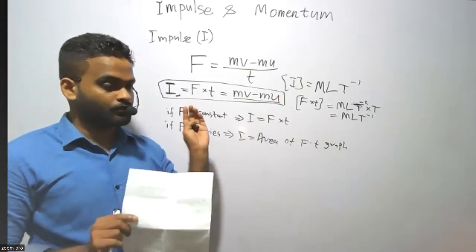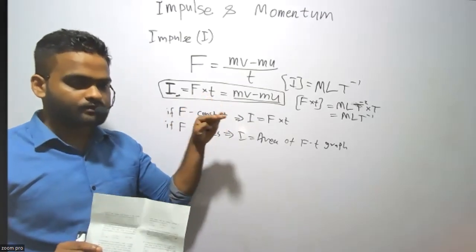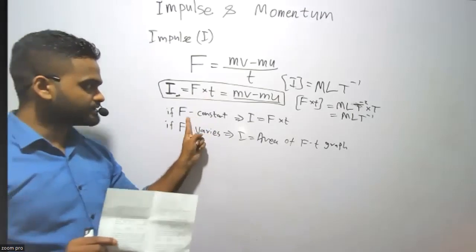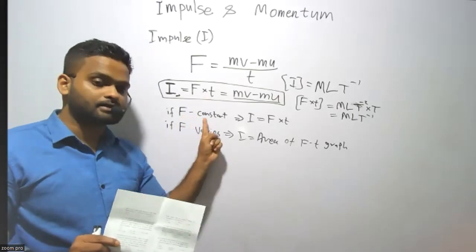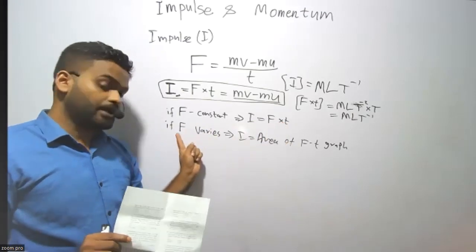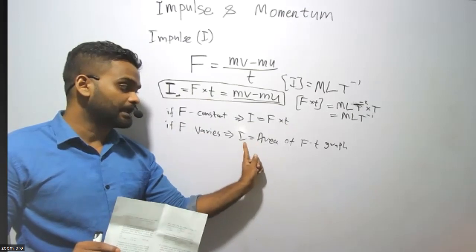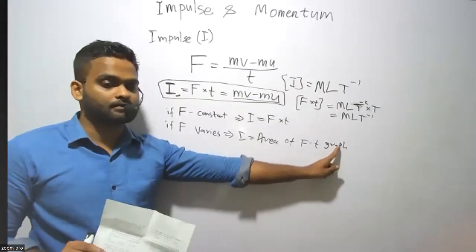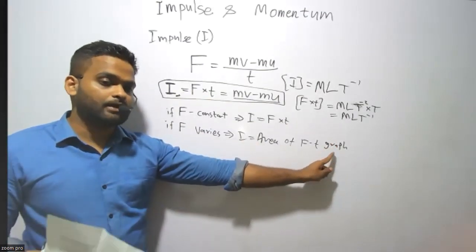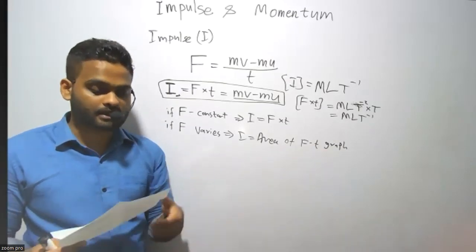Force times time is impulse. There are two ways to find the impulse. One way is, if F is constant, you can just multiply force by time. But if it varies, you need to get the area of the Ft graph. In the questions, they give an Ft graph, so you can find the area and get it.